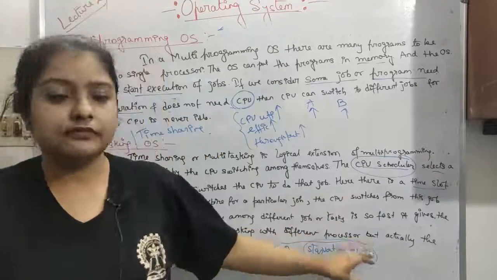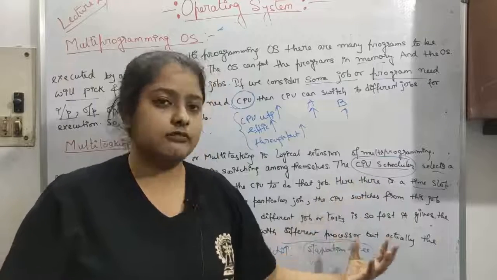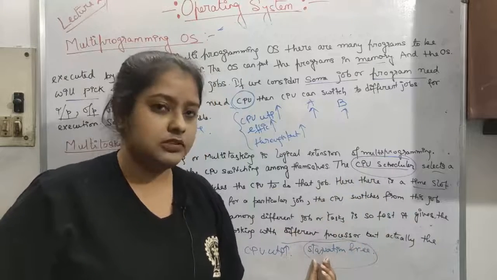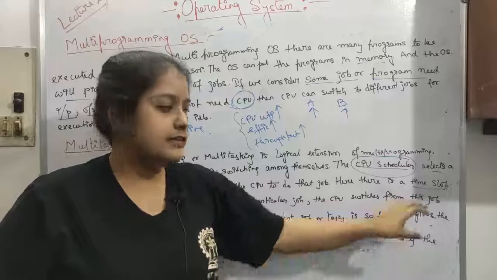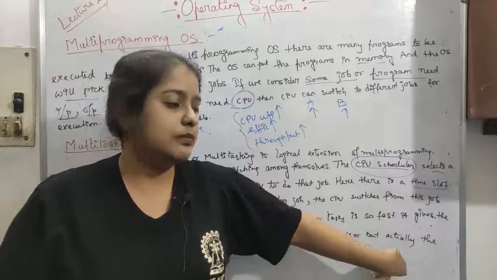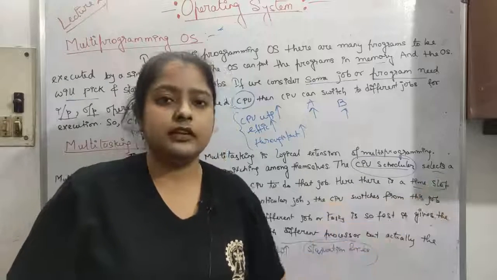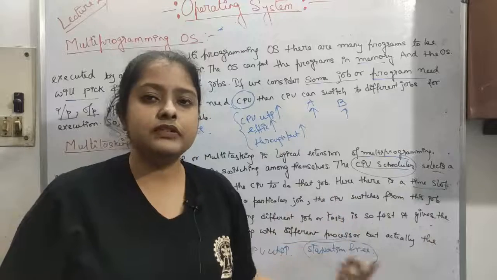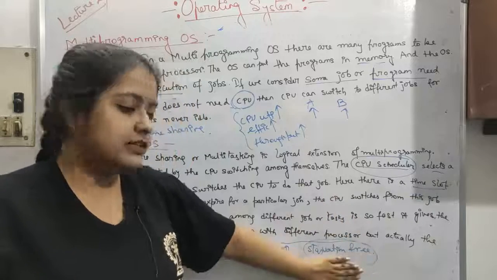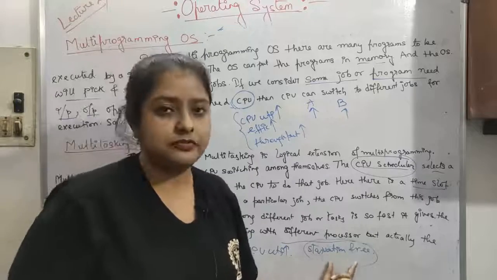It is giving other jobs the chance to use the CPU and they are not starved. Let's say job A is taking a particular time, and when the time slot is over, job B will be there. It is not that only job A will take up the whole time and job B will starve. Starvation we will see extensively. For now, just see that it is starvation free.